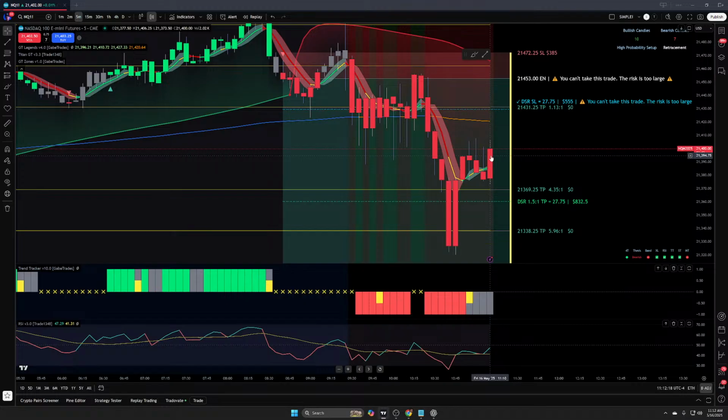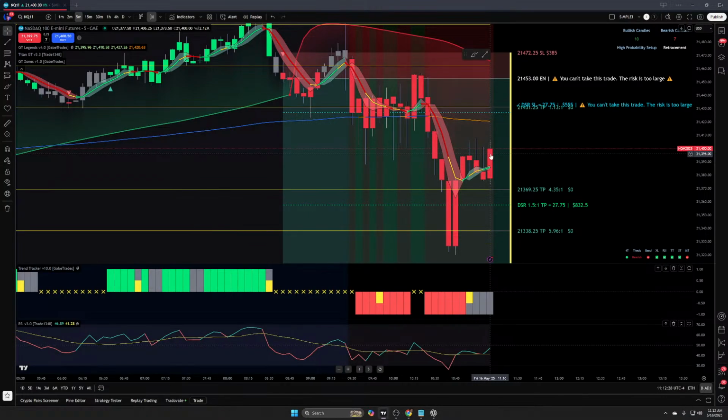A gray candle is a good thing. Because we shift from red to gray. So before we can become a green candle, we need to be a gray candle, right? Now, a gray candle is do not touch. When we're scalping, gray candle is still do not touch, but it's motivation that the trend is shifting, right?